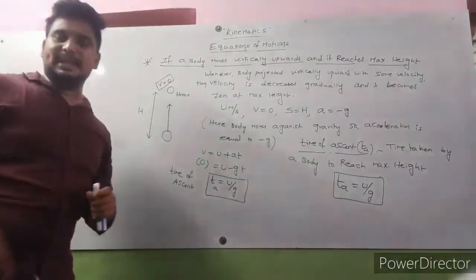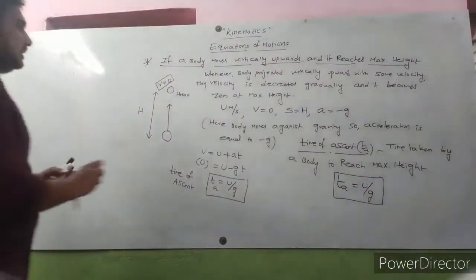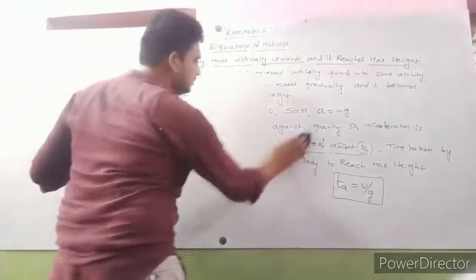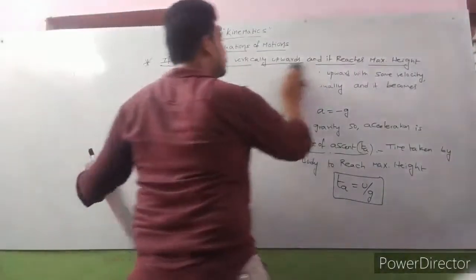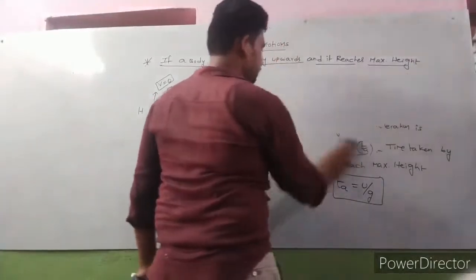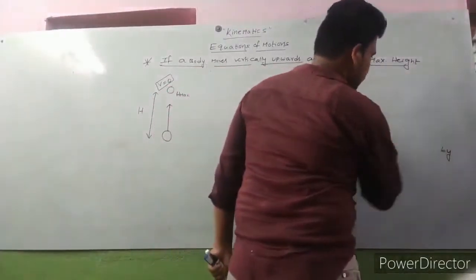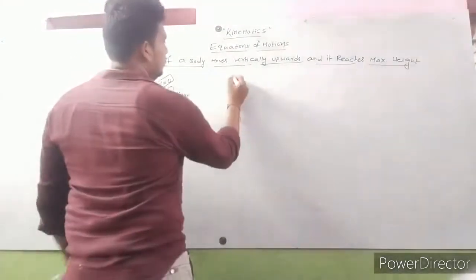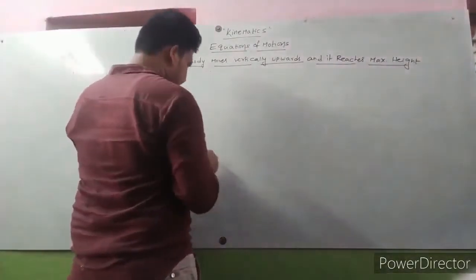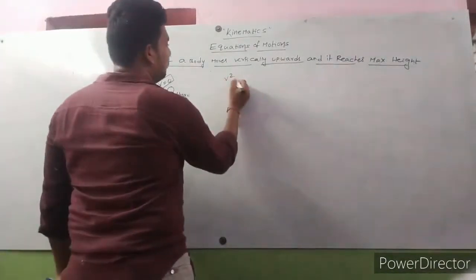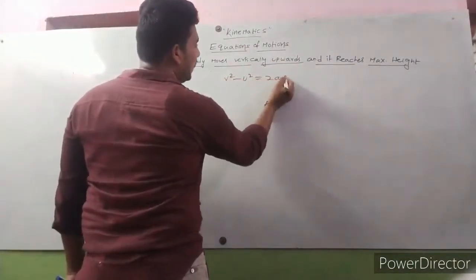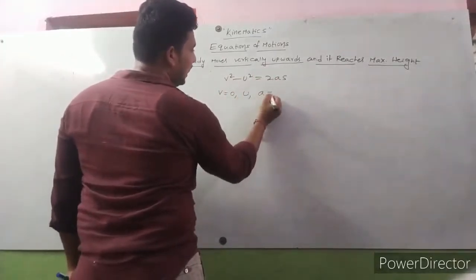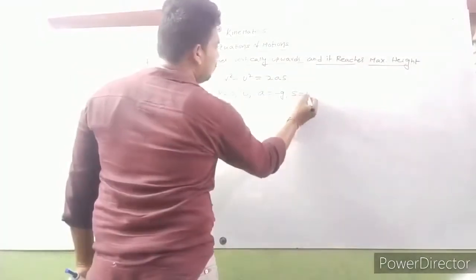Next, from the second equation. Observe carefully here. The second equation is v² − u² = 2as. Here v = 0, u = u only, a = −g, s = h.